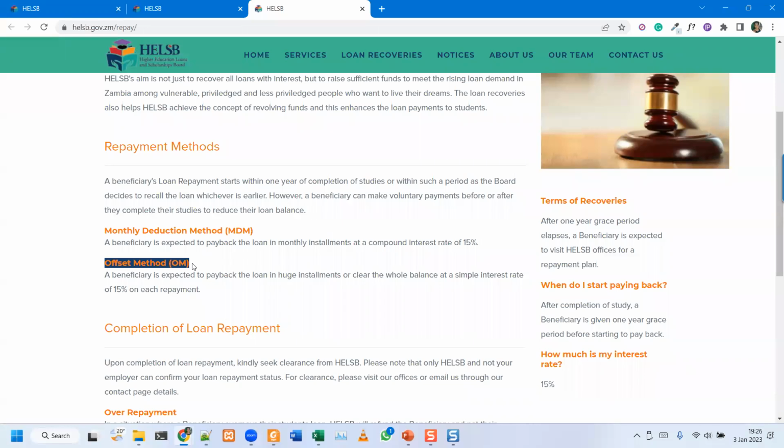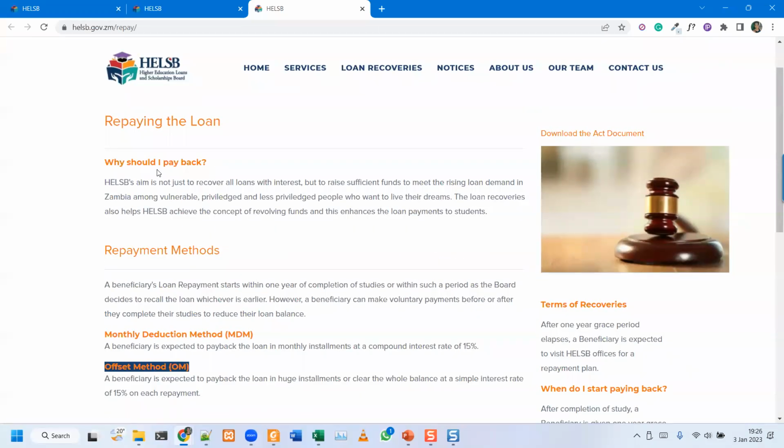And the reason why I am saying this is because one of their biggest mandates is that HELSB is adamant about not just recovering loans. They want to recover loans, but with interest. What good would it be if they gave you 66,000 and they only got 66,000?